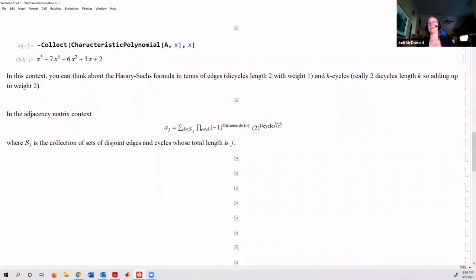And then our genuine 3 or bigger cycles are going to contribute twice, once in each direction. So our formula gets simplified a little bit, and different times when I've tried to tie down the history of Harary-Sachs, this is a popular version of it that I see frequently in the literature, more frequently than the more general version that I presented above.